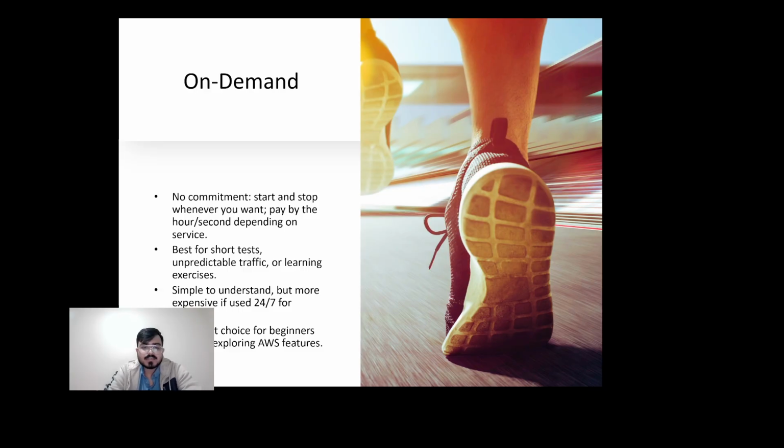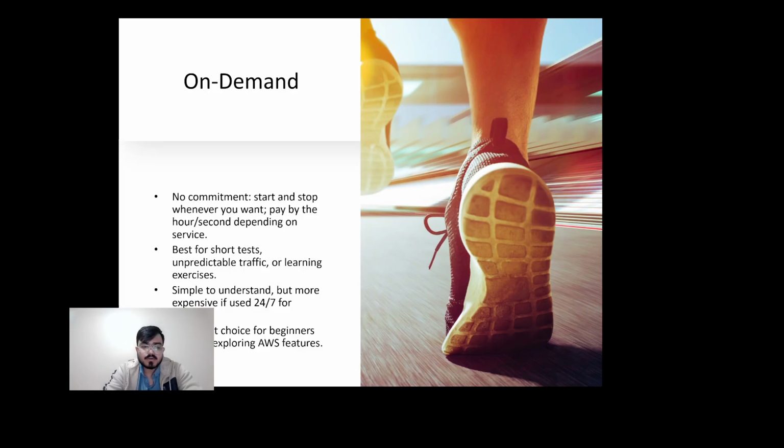In on-demand pricing, you pay by the second or by the hour for the resources you use. There is no commitment and you can start or stop anytime. This is perfect for students or beginners who are testing or learning new things. For example, if you launch an EC2 instance for 2 hours to practice, you pay only for those 2 hours.